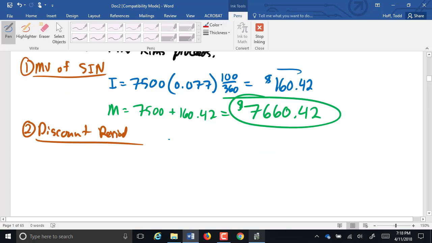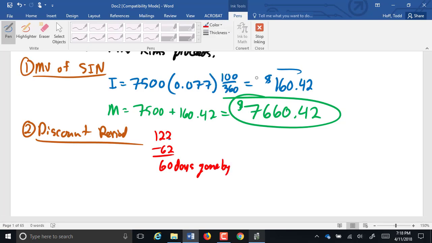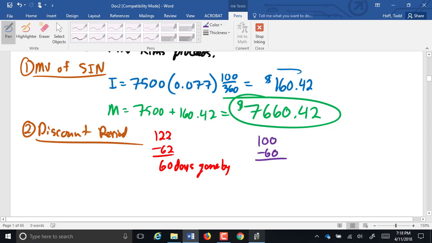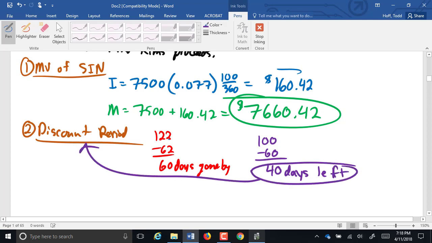So yes, we do subtract. 122 minus 62 is 60. That's days gone by. Then what? 100 minus the term of the loan, 100 days minus the 60 days gone by, gives us 40 days left. That is our discount period, 40 days.